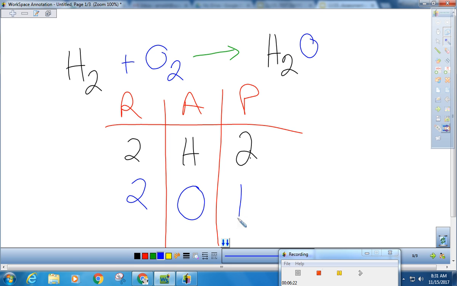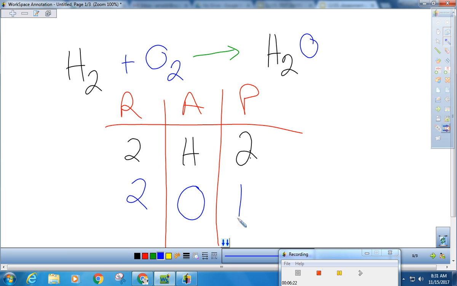So, according to the conservation of mass, have I conserved the mass? No. Where's the problem? Lubna. I'm missing 1 oxygen. I went in with 2 on the reactant side, but I came out with only 1 on the product side. So somewhere 1 disappeared, and we cannot create or destroy. So we have to be able to account for all of that stuff.